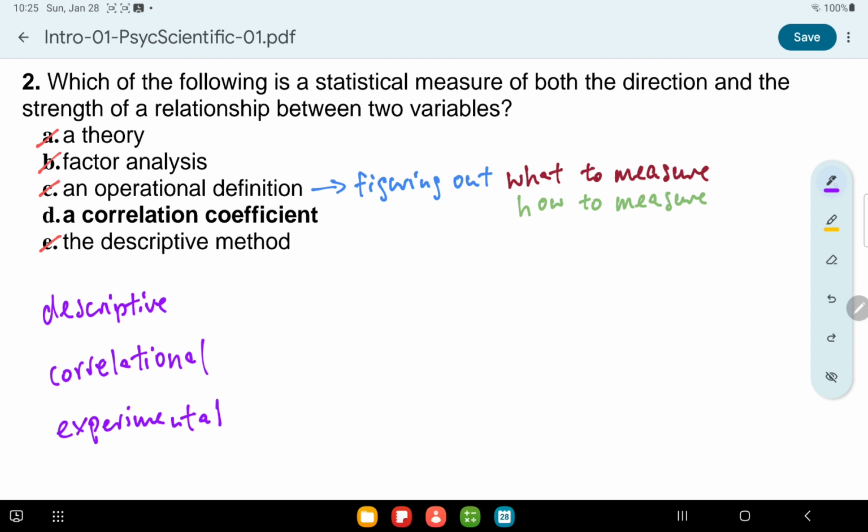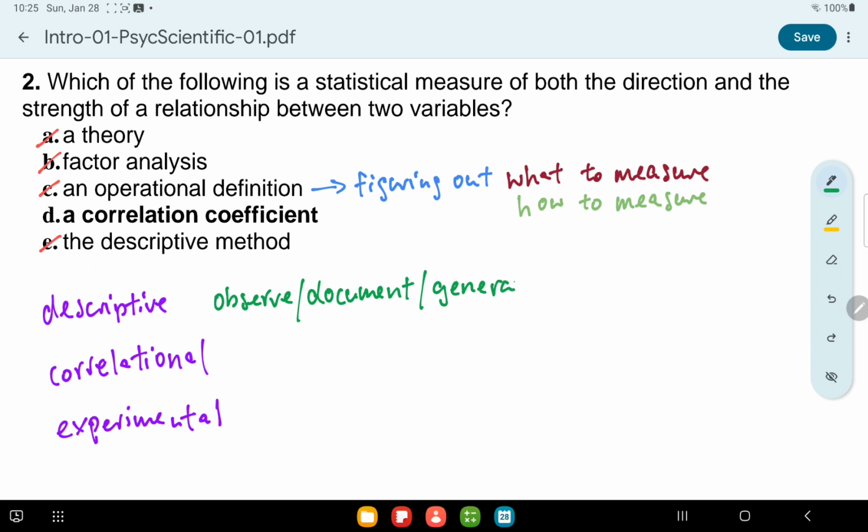The primary concern when it comes to descriptive level of research is to observe. We're making observations, we're making note of what we see. We're documenting our observations in order to generate information.